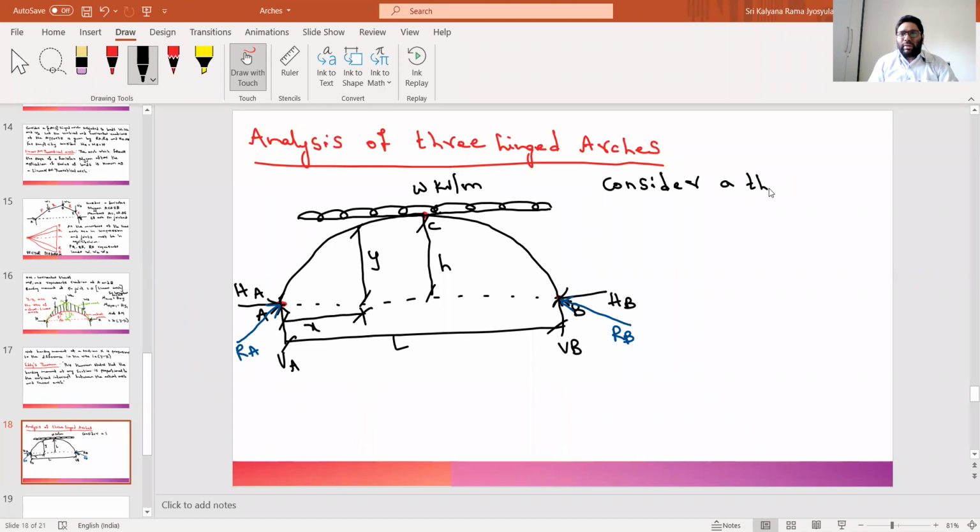Consider a three hinged arch subjected to a uniformly distributed load of W kilonewton per meter.